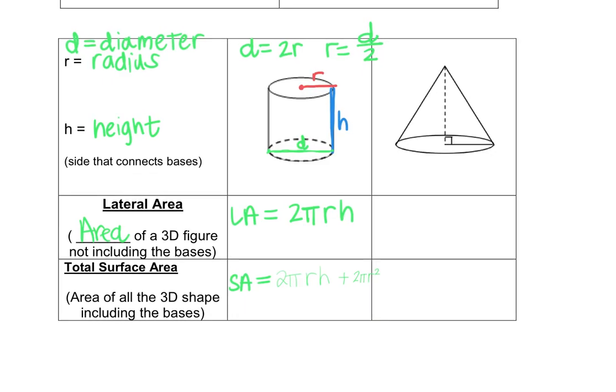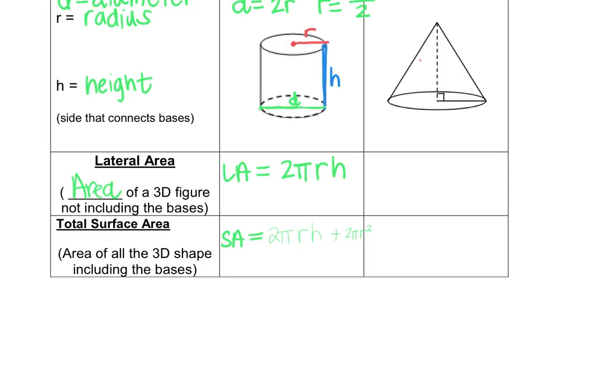So let's look at the cone. The cone, I'll label some things. My height from the top to the bottom is my H. My R is within that circle, from the middle to the outmost.